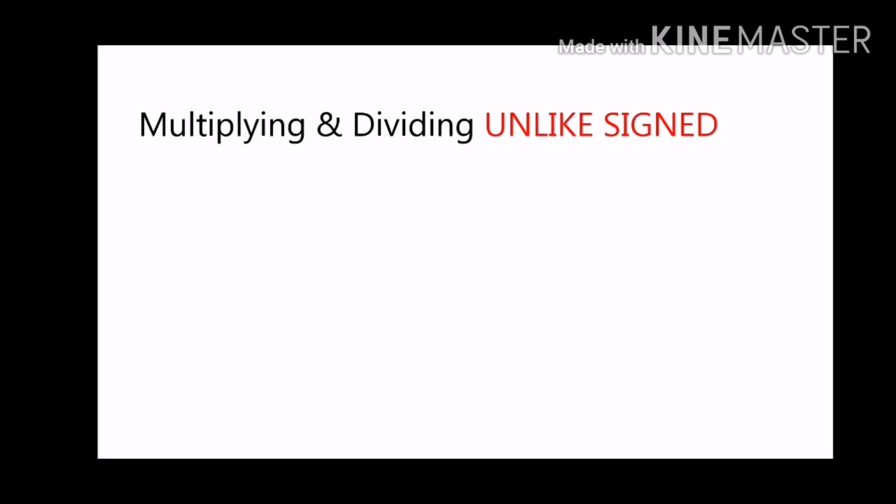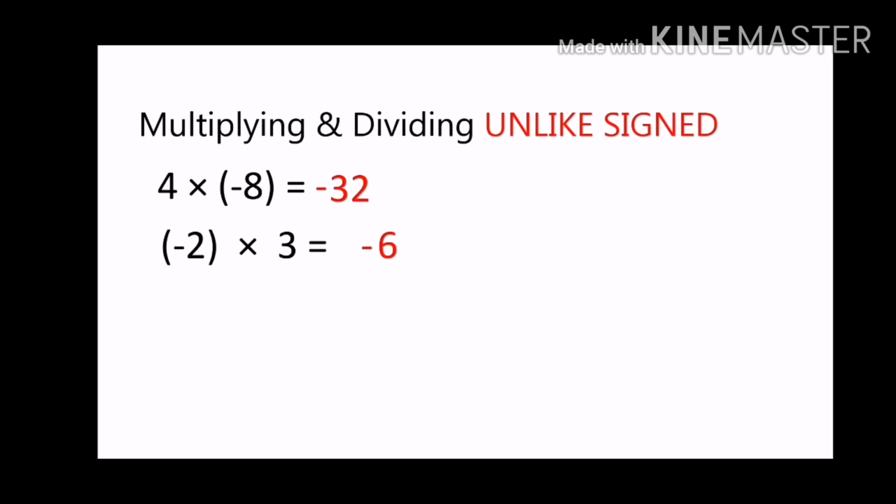Okay, let's proceed to the second case, multiplying and dividing unlike sign. First one is 4 times -8. This time, you'll still multiply 4 and 8 as usual, that is 32. But since one is positive and one is negative, then your final answer will be negative. Same goes with the second one, -2 times 3. Multiply as is, 2 and 3, that is 6. And since one is positive and one is negative, your final answer will be -6.